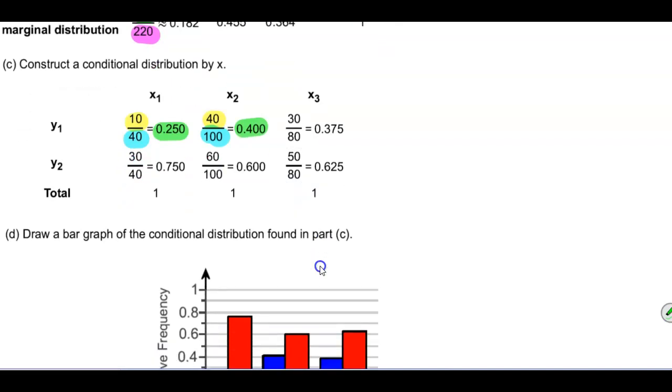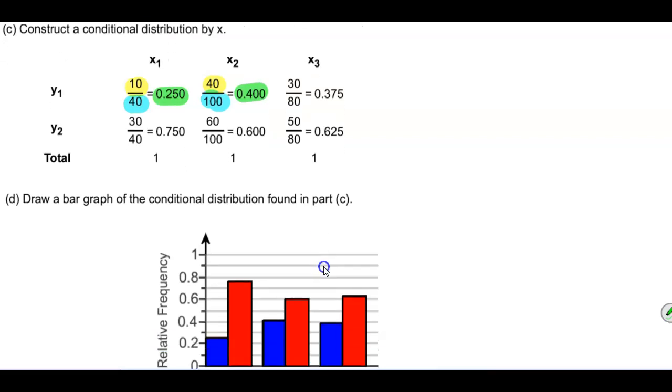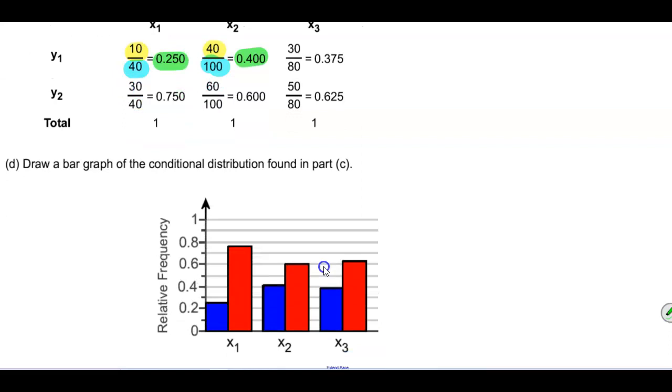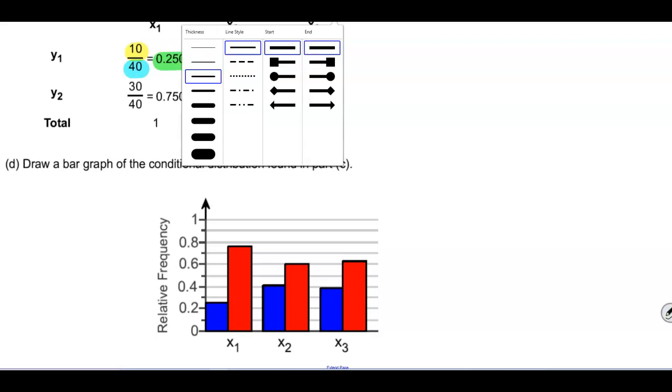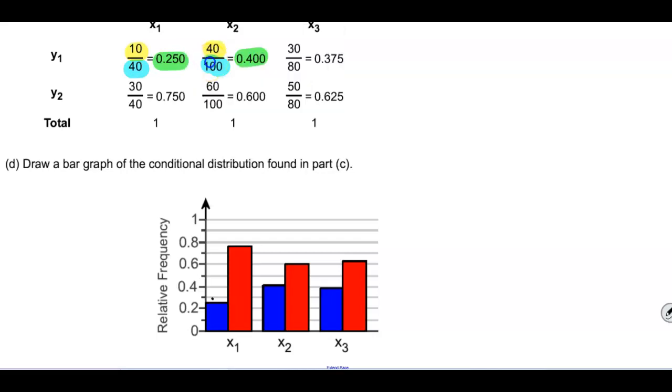Now, if we want to draw a bar graph of the conditional distribution found in part C, this would be our bar graph. We would have two bars for each column. For x1, the first bar represents 0.25, which is column x1, row y1, and that is the blue bar.